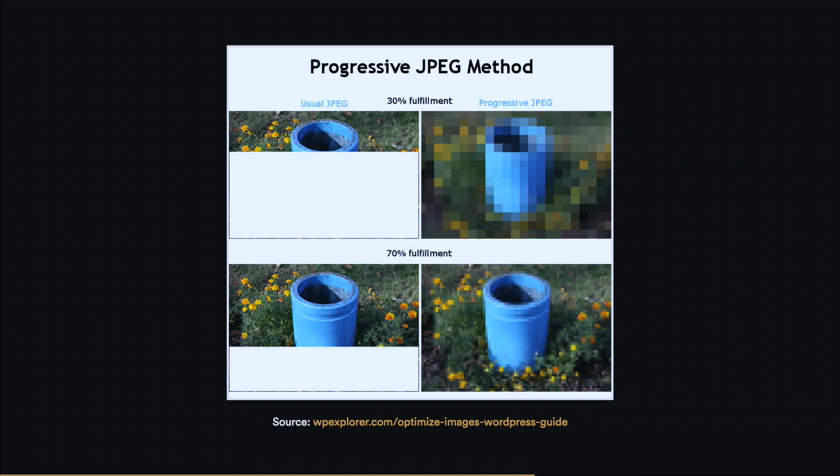We have had something similar for a long time, which is progressive JPEGs. There you can see how at 30% of the bytes downloaded, we have already rendered the whole area. Even if it's with a lot of pixels, at least we can draw the whole image. In theory, this is nice.